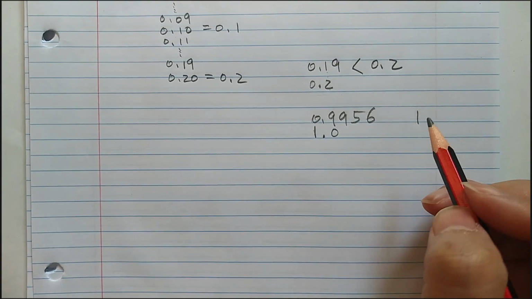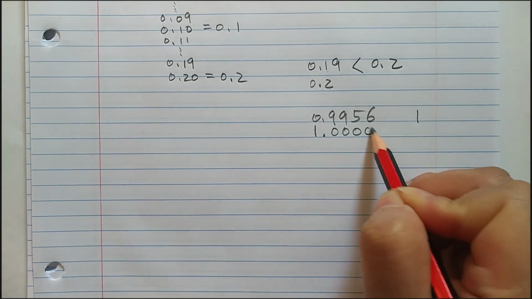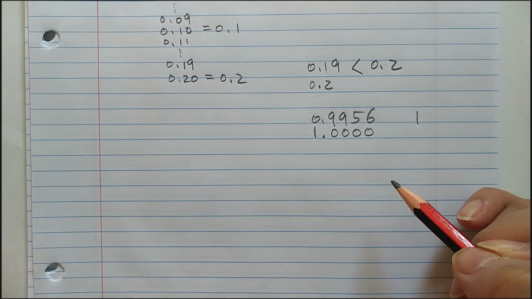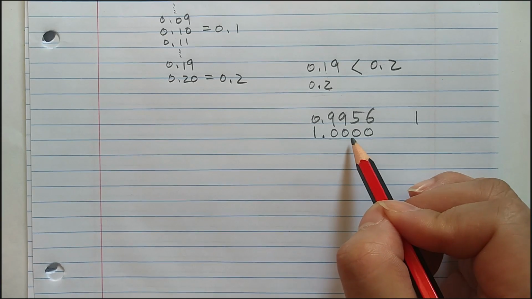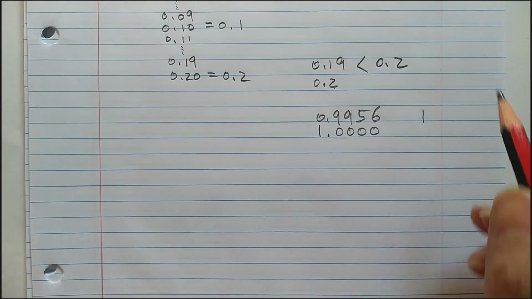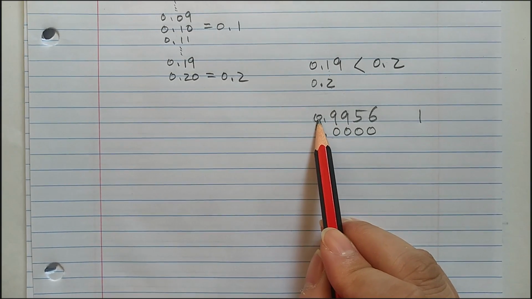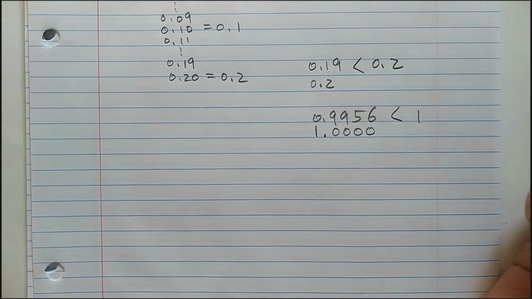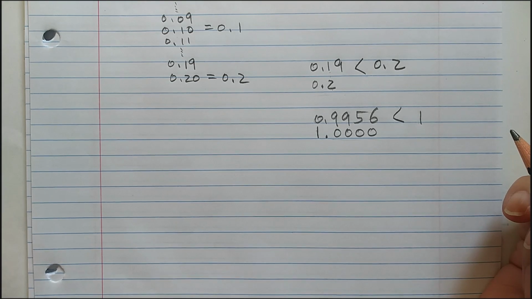If it makes you feel any better, the following zeros in the decimal part don't add any value, so you can just fill the rest with zeros. 1 has the same value as 1.0000. You compare from the leftmost digit, and 0 is smaller than 1, so 1 is bigger than 0.9956.